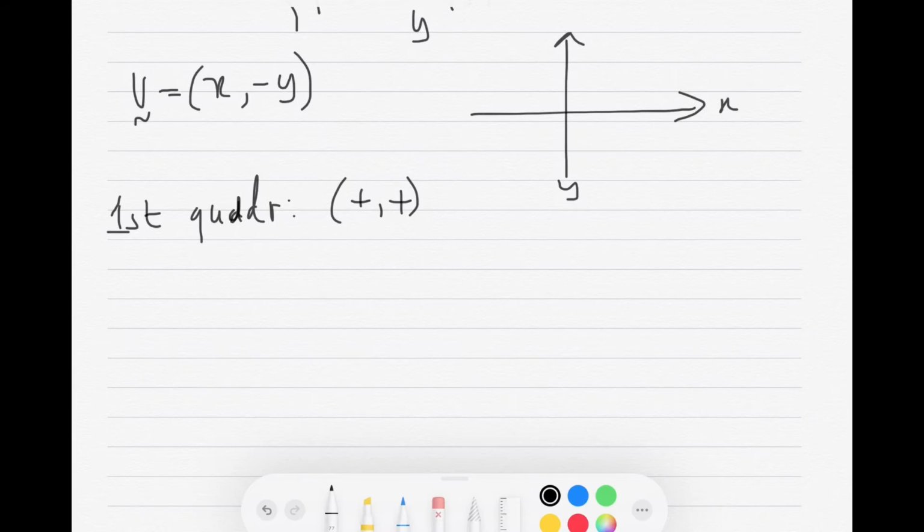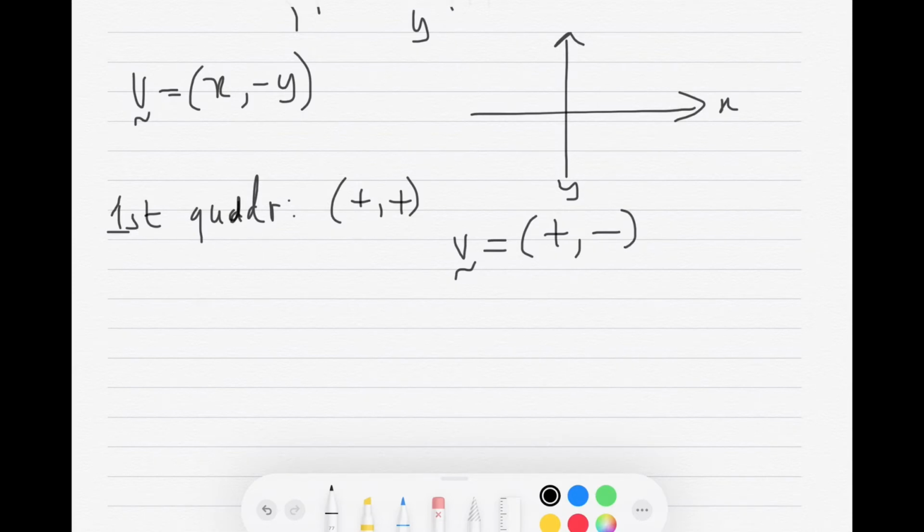What effect would x positive and y positive have on the signs of the components of the vector field? So if we were to impose x positive, y positive into the vector field, you notice that if x is positive, then the vector field would have the first component positive, and the second component of the vector field is minus y, but since y is positive, negative times positive is negative, so the vector field would take on those signs.